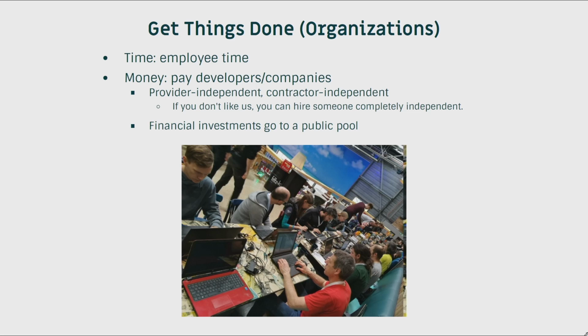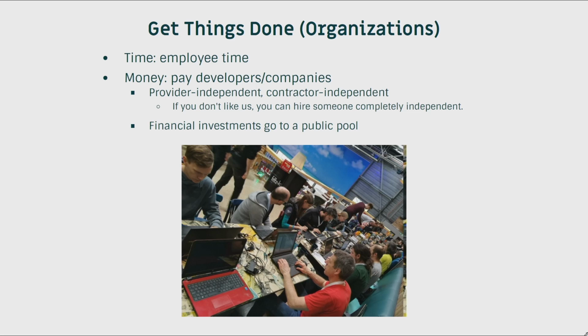The nice thing about this is that this whole model is provider and contractor independent. So let's say you hire NC State to do some feature implementation or bug fixing for you, but then you aren't happy with us. Well, you just go to someone else who is completely independent from us, except that they are working on GRASS.js, and you work with them, and there is no dealing with us anymore.